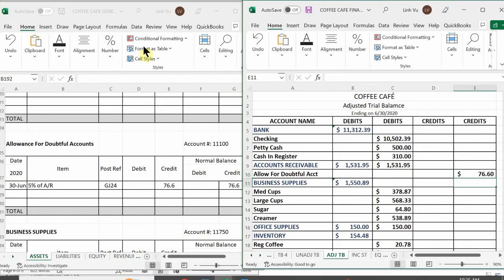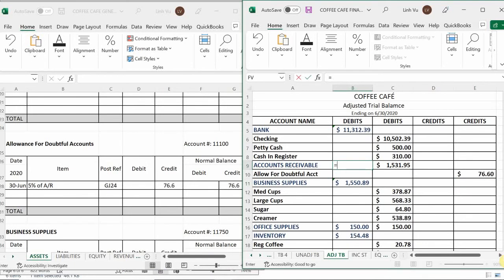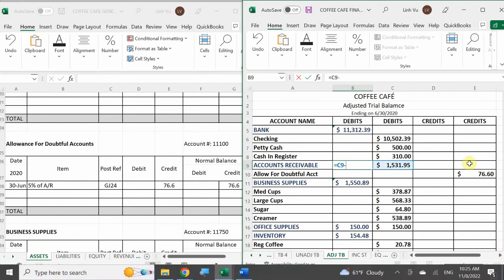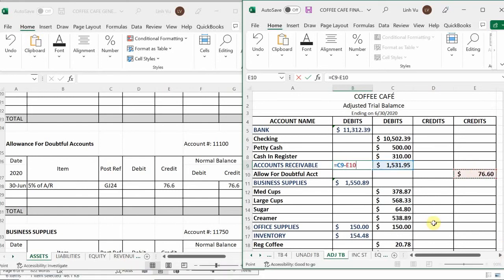Because it's a contra account, this formula is going to be your total accounts receivable minus that allowance for doubtful accounts. So your fair market value or current account balance for your accounts receivable should reflect 1455.35, because the contra account decreases the main account. Okay?